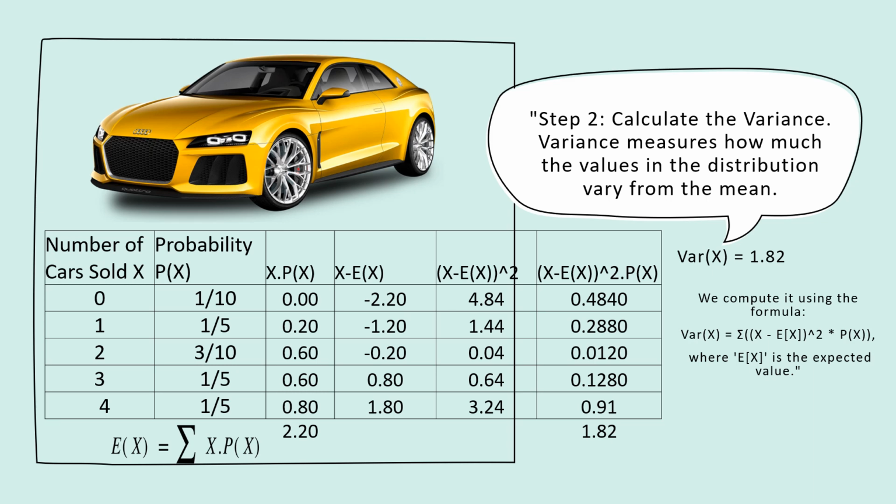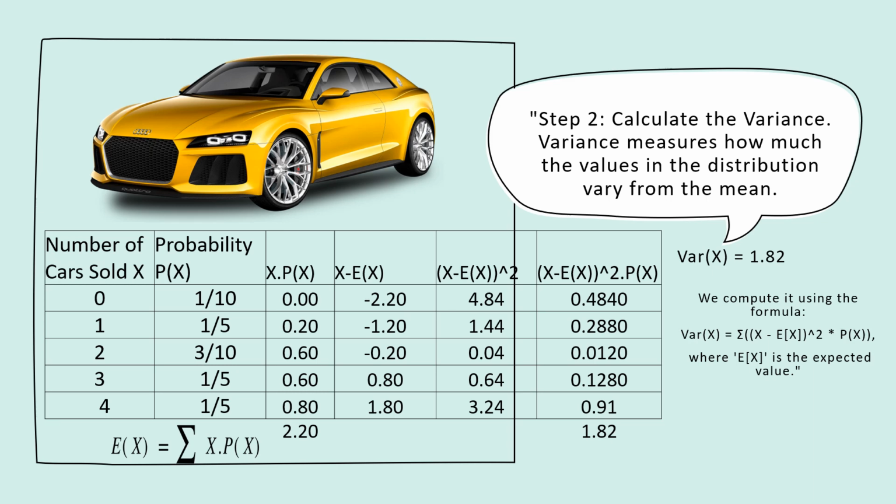Let's take a look. Here, number of cars sold x is 0, multiplied by probability of 1 over 10, that's equal to 0. Since the expected value is 2.20, we subtract: 0 minus 2.20 is negative 2.20, and squaring negative 2.20 becomes 4.84.